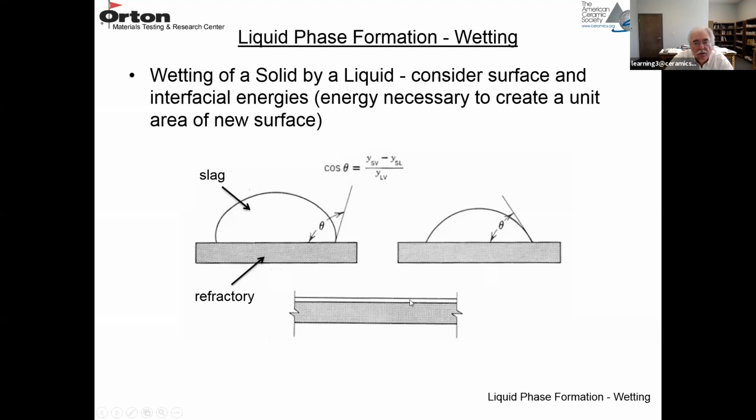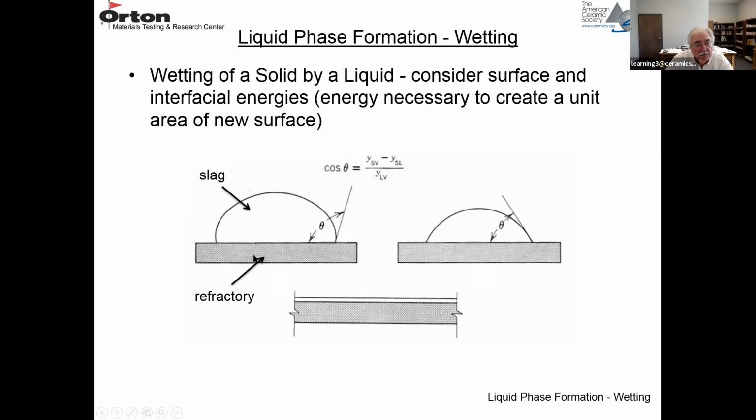So we consider the surface and interfacial energies. Surfaces and interfaces have higher energies than the interior bulk of the material because of unsatisfied bonds and so on. So if we take a refractory and let's say we have a drop or a portion of slag on top of that refractory, and it's at a high temperature, so it conforms to this shape.